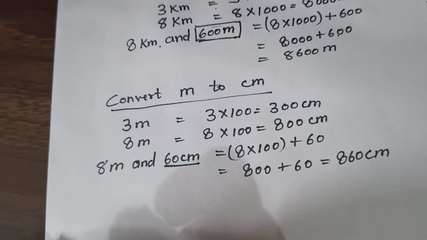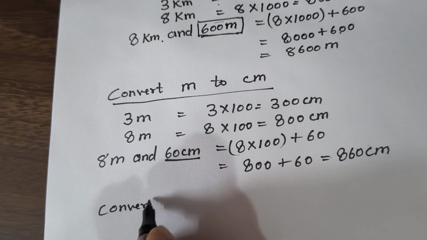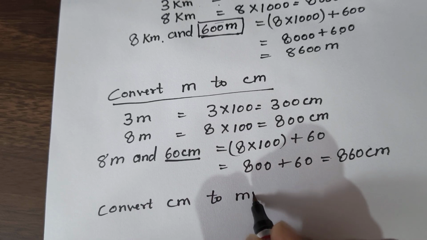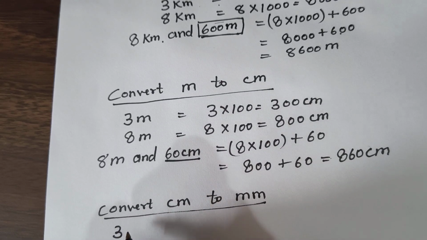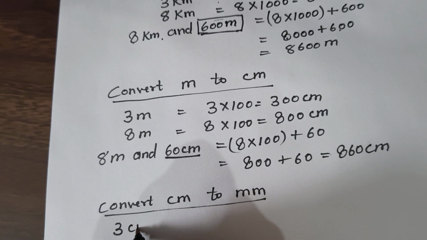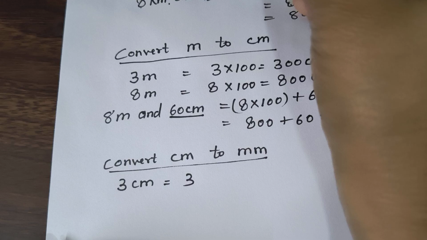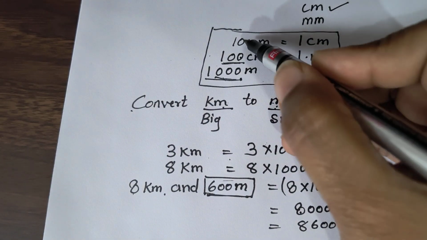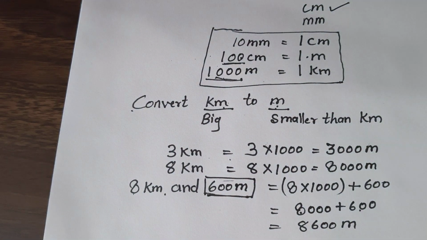centimeter to millimeter. Convert centimeter to millimeter. So 3 centimeter is equals to 3, because here see centimeter to millimeter, it is the relationship of 10. 1 centimeter is equals to 10 millimeter.